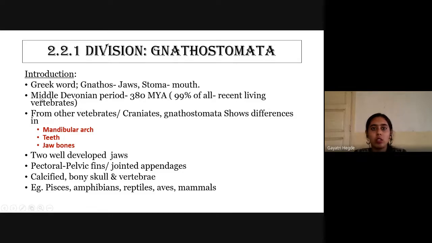They originated from the Middle Devonian period, which was 380 million years ago. Out of that, 99% of the living vertebrates are still found. Okay, they are living, from the other vertebrates, or you can say craniates.